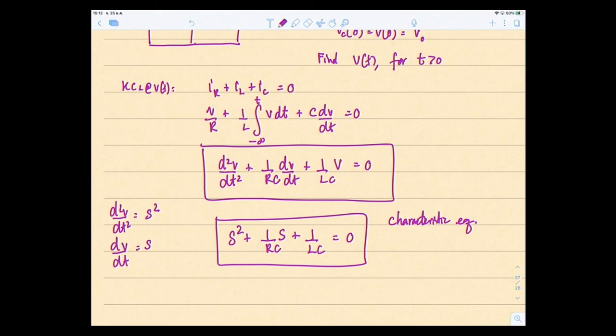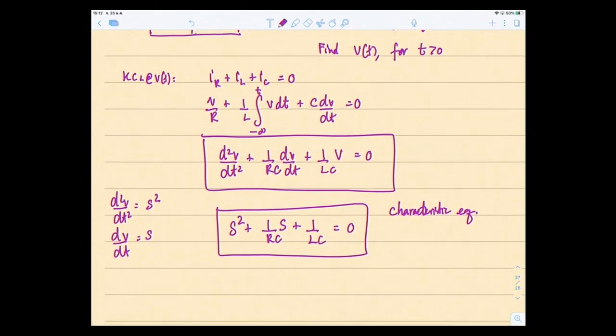If you apply the quadratic formula, S1 and S2 will be in the form of minus 1 over 2RC plus or minus the square root of (1 over 2RC) squared minus 1 over LC.